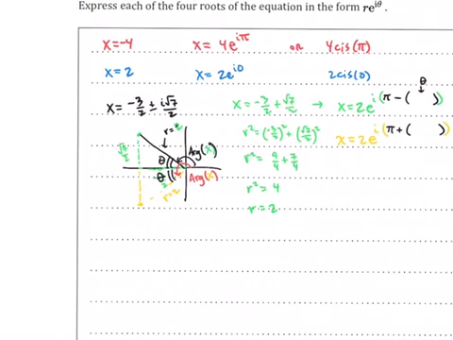Well, that angle, okay, the tangent of theta will end up equaling root 7 over 2 over negative 3 over 2. Okay? Root 7 over 2 over negative 3 over 2.